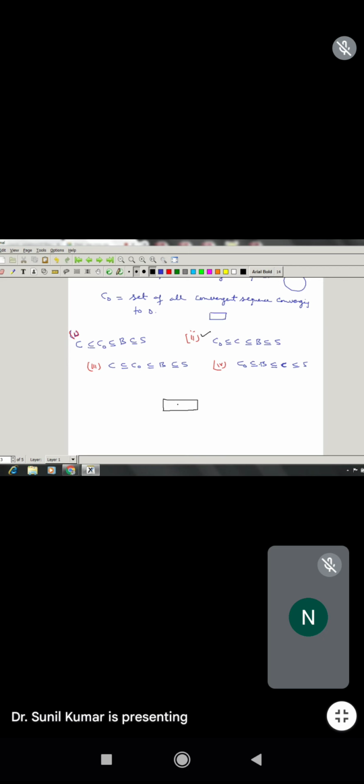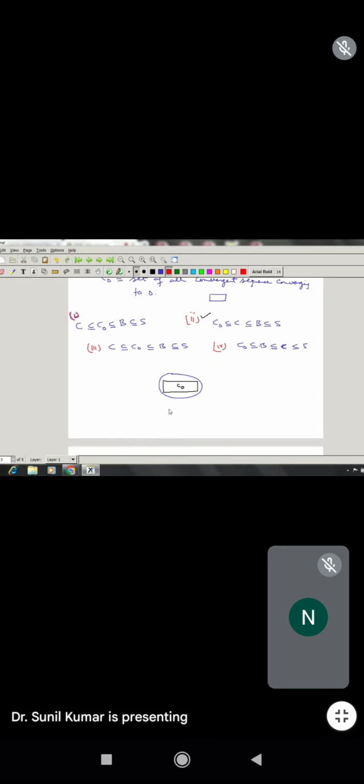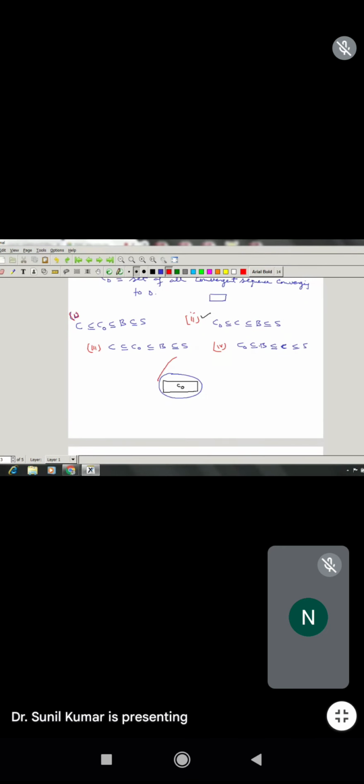This is the set of sequences which converges to 0. This is contained in a circle. The circle is the set of convergent sequences, and this is contained in a triangle. And then it is contained in a square.